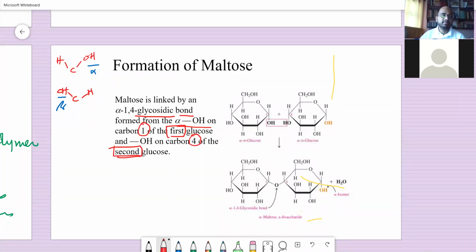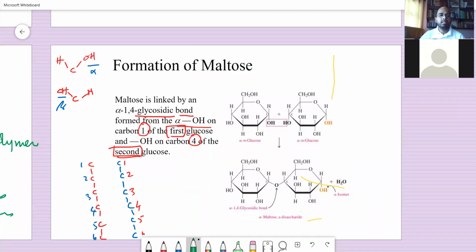If you draw the linear chain, you number 1, 2, 3, 4, 5 and 6, and another 1, 2, 3, 4, 5 and 6.